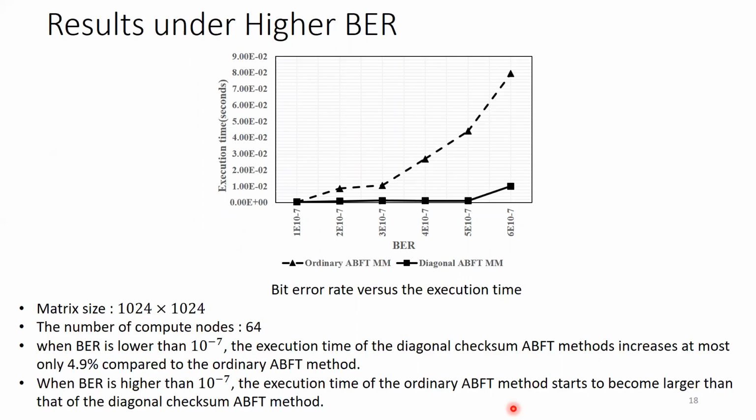When the bit error rate is lower than 10 to the power of minus 7, the execution time of the diagonal checksum ABFT method increased at most only 4.9% compared to the ordinary ABFT method. When the bit error rate is higher than 10 to the power of minus 7, the execution time of ordinary ABFT starts to become larger than that of the diagonal checksum ABFT method.